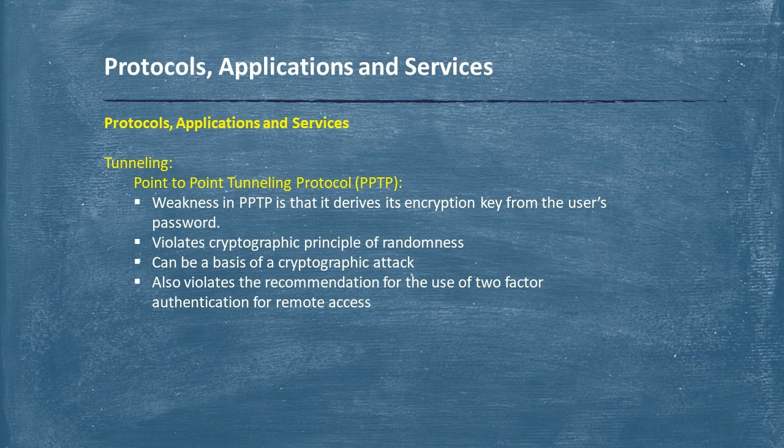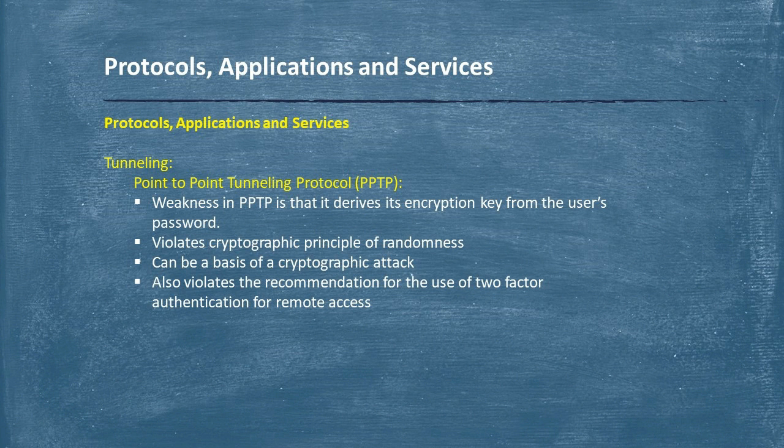Okay, now another protocol, the point-to-point tunneling protocol. The weakness in PPTP is that it derives its encryption key from the user's password. This violates a cryptographic principle of randomness.